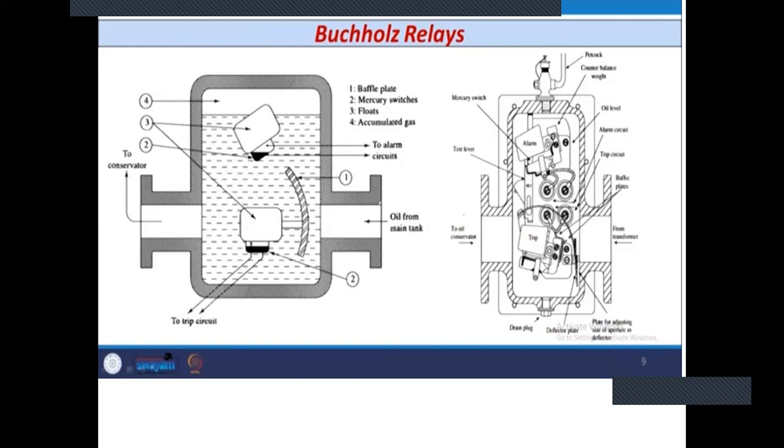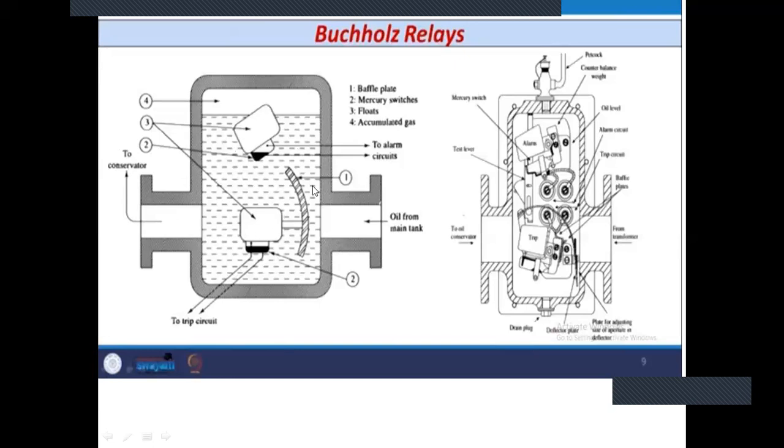You can see that this Buckholz relay is connected between the main tank and the conservator. On the right hand side, the oil is coming from the main tank, and on the left hand side, the oil is going to the conservator tank.